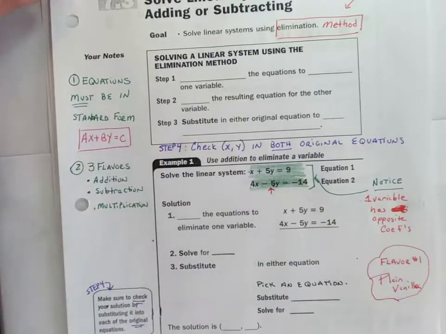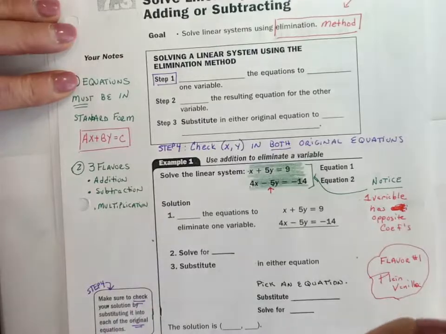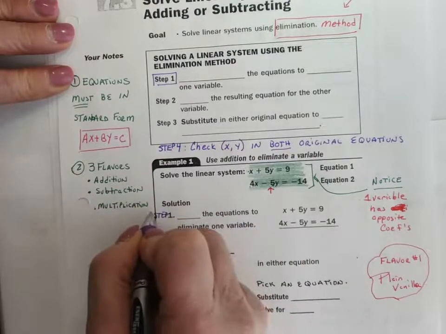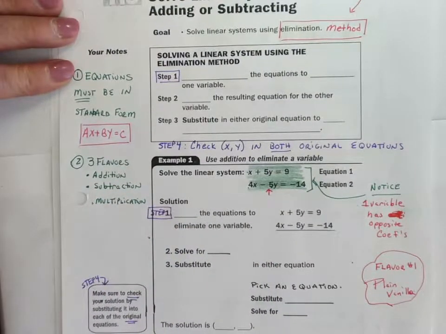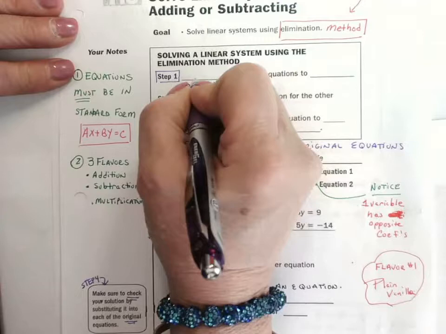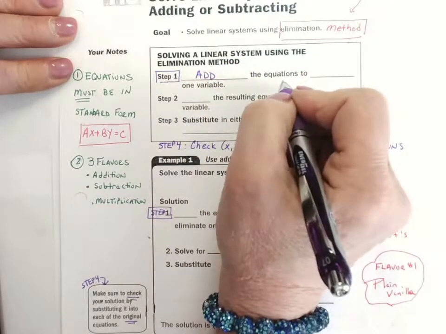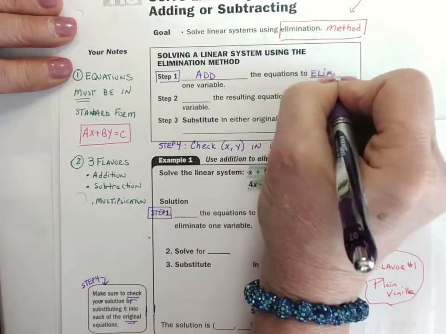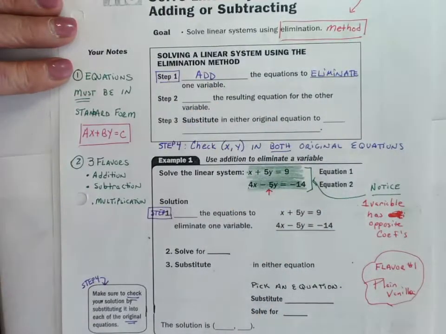So let's see what we do for step 1. In step 1, we are going to add the equations to eliminate one variable.